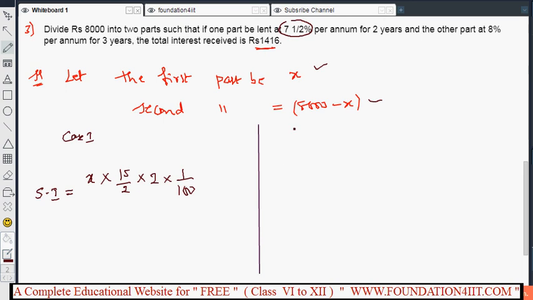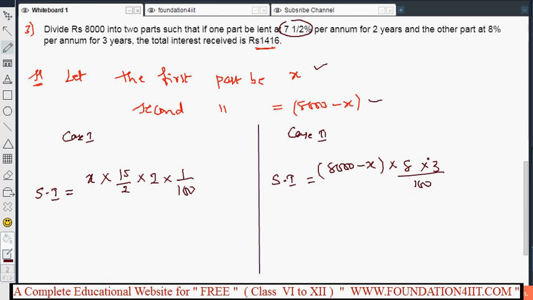In case 2, also simple interest, principal is 8000 minus x, and rate percent is 8 and time is 3 years, by 100.